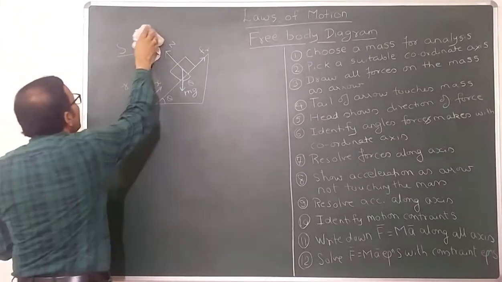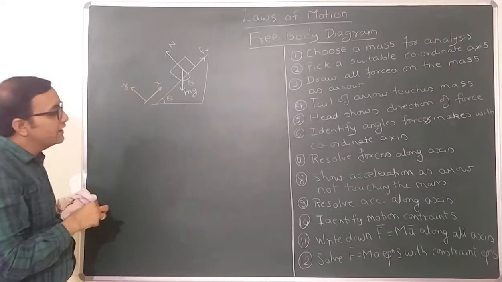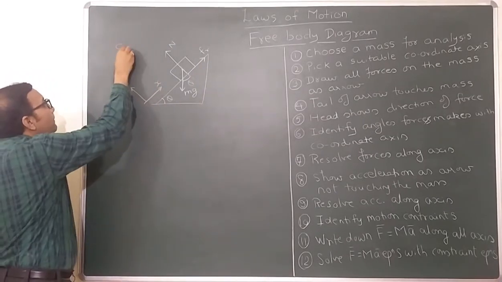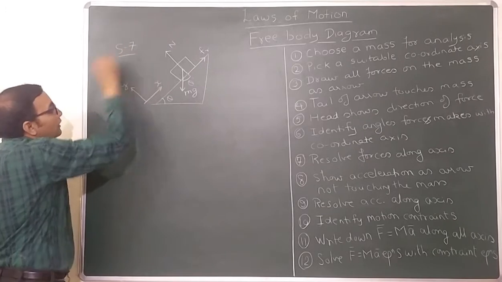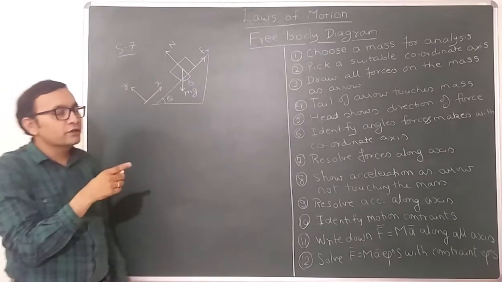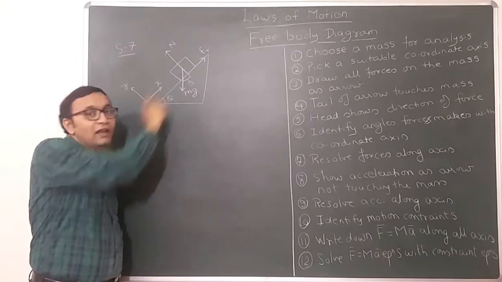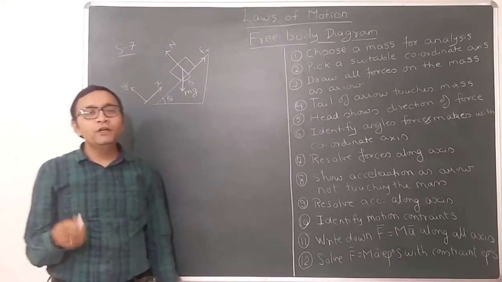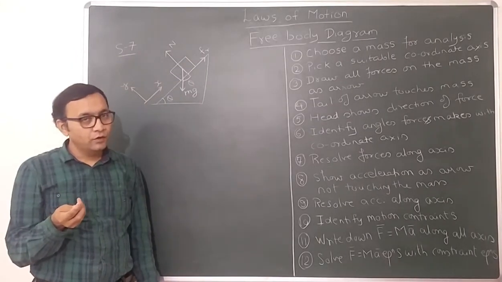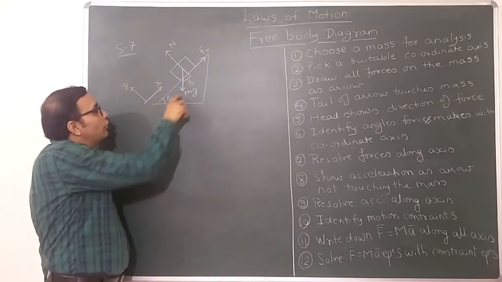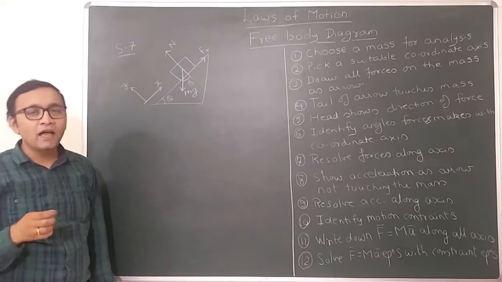Then in step number 7, I need to resolve forces along the axis. Those forces which are already along x and y axis, I don't need to resolve them. Only this mg force, which is not along any axis, I need to resolve.